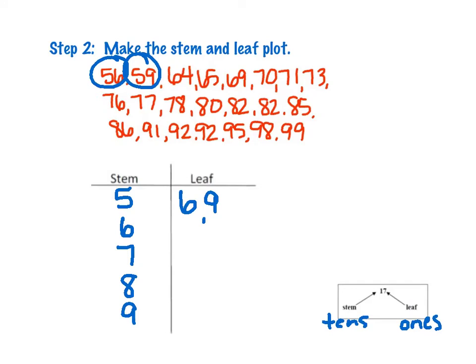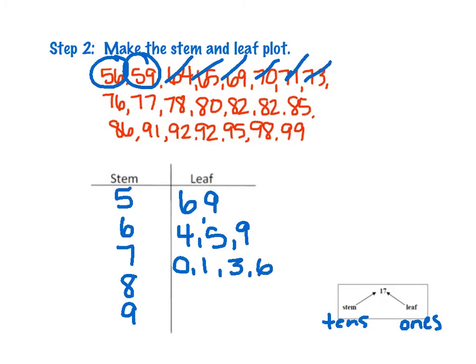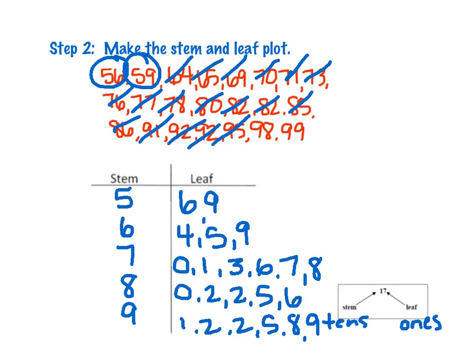That's this one right here. 64. 65. 69, do you see now why it's important for us to put them in order from least to greatest? 70, 71, 73, 76, 77. All right, so now we have plotted all of our stems and our leaves into our stem and leaf plot.